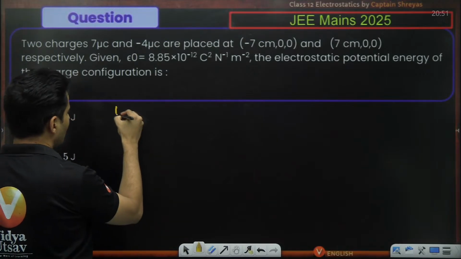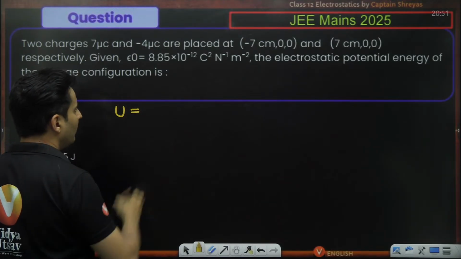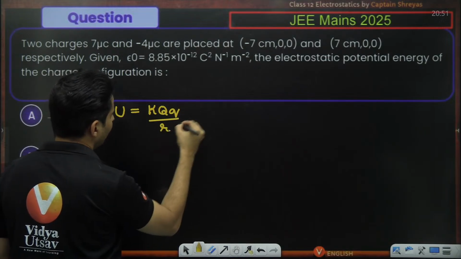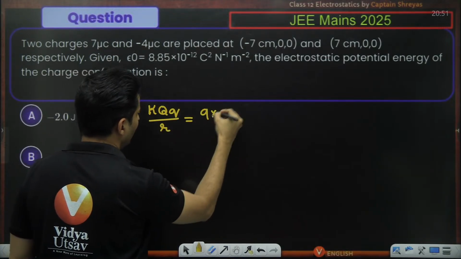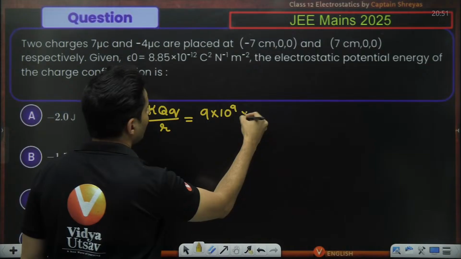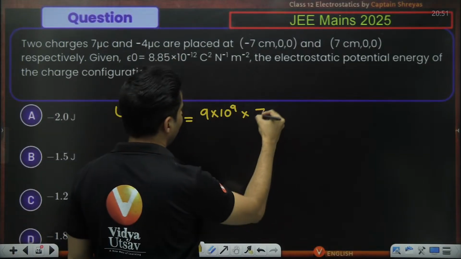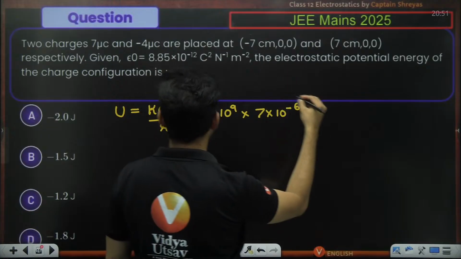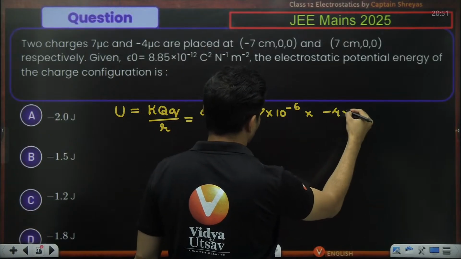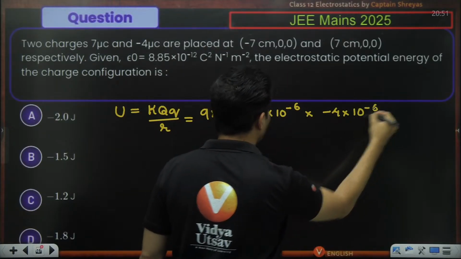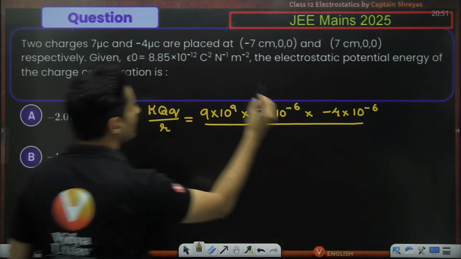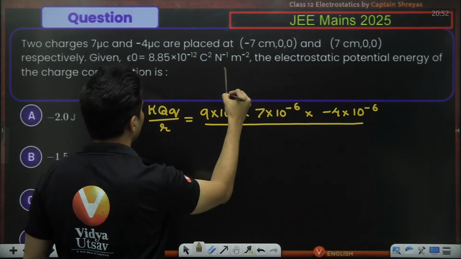See guys, the potential energy formula is K Q1 Q2 divided by R. K value is 9 into 10 to the power 9. Charge 1 is 7 micro, micro is 10 to the power negative 6. Next charge is negative 4 micro, again 10 to the power minus 6. But be careful with the distance, guys. See, minus 7 and plus 7.